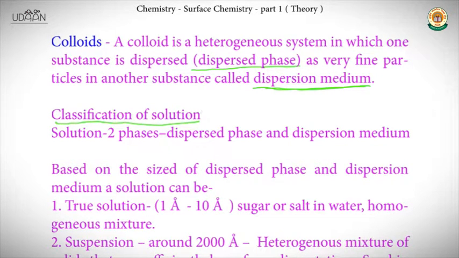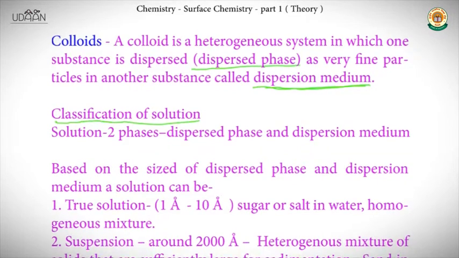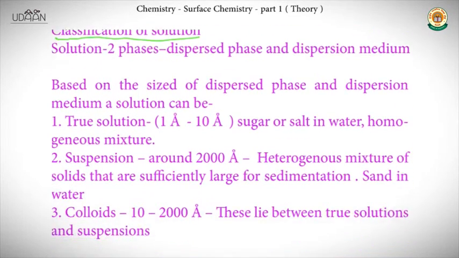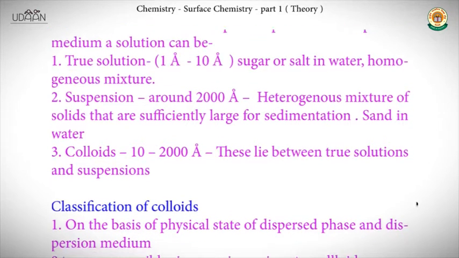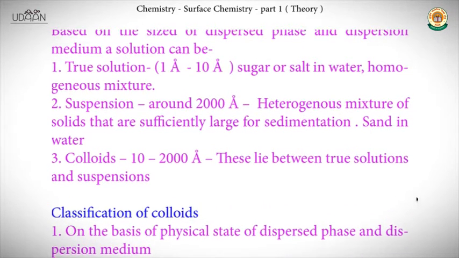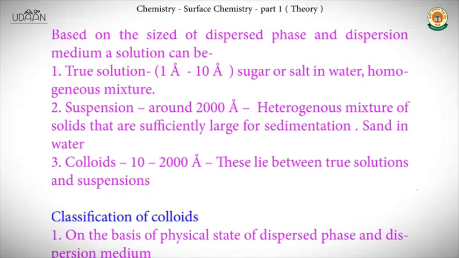Now, based on the sizes of the dispersed phase and the dispersion medium, a solution can be divided into three types: true solution, suspension, or colloids. In true solution, the size of the dispersed phase is in the range of 1 angstrom to 10 angstrom. So the particles that are dissolved are very small.